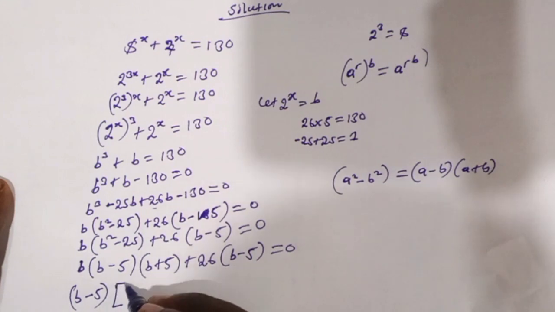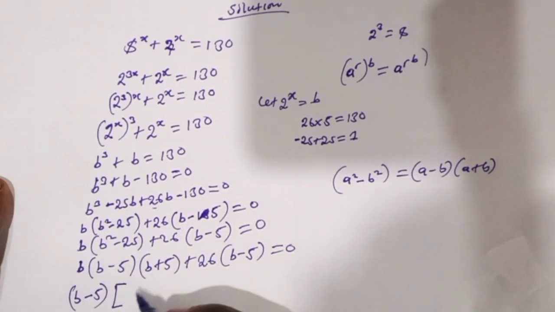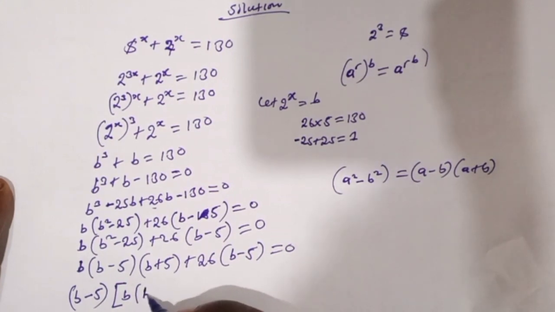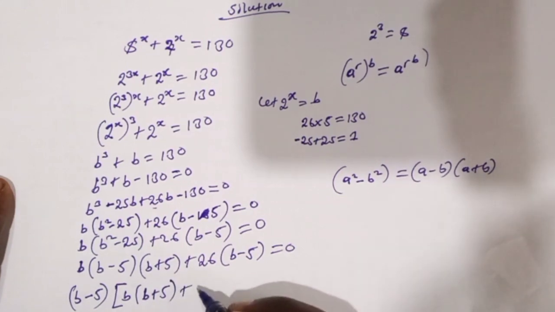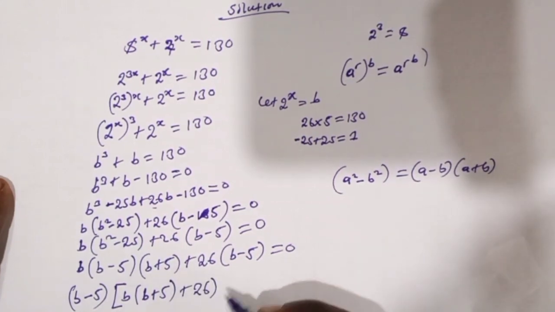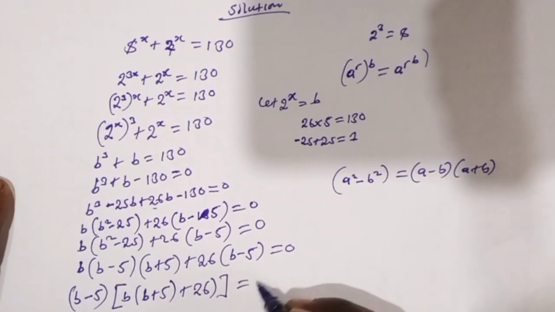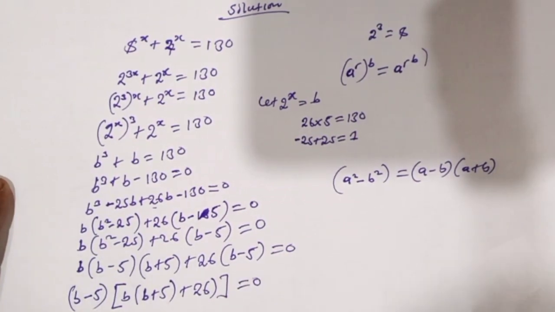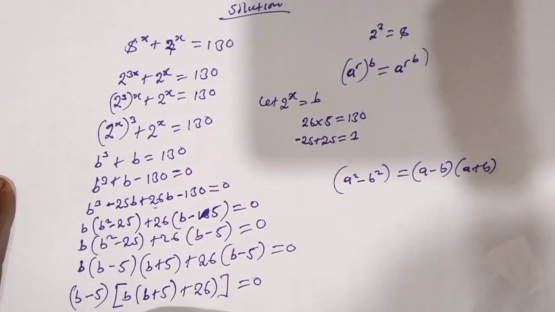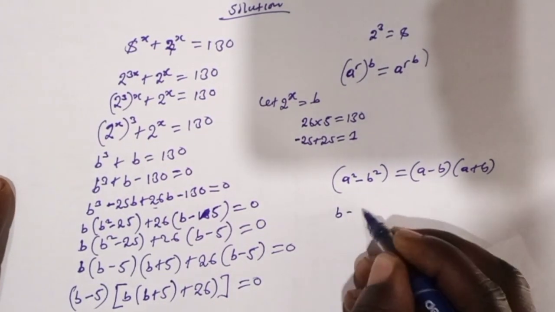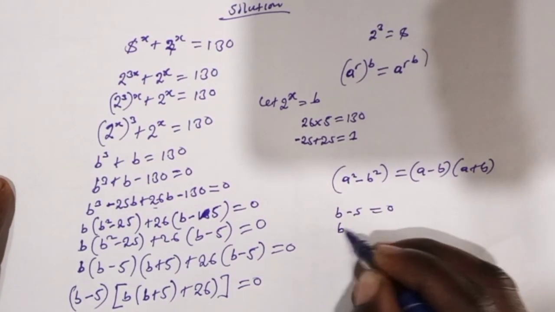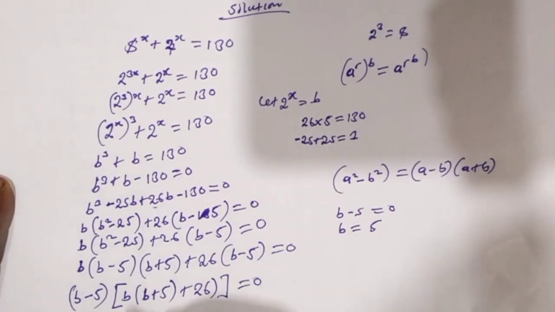Then in the square bracket we remain with b times (b plus 5) plus 26, which equals 0. We have to equate every factor to 0. Here we have b minus 5 equals 0, in which we have b equals 5. So let's solve what is inside now.